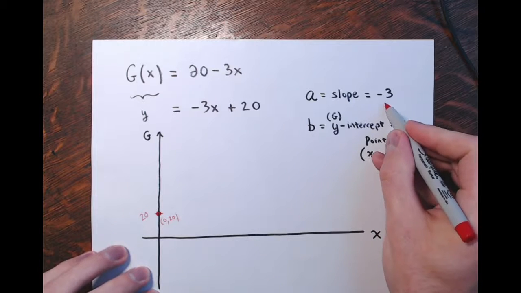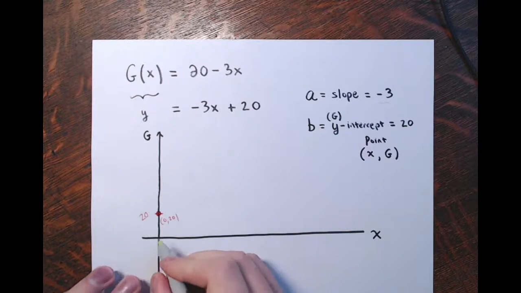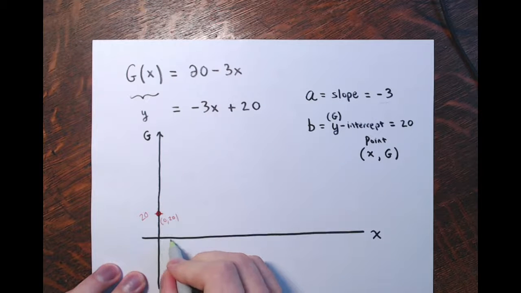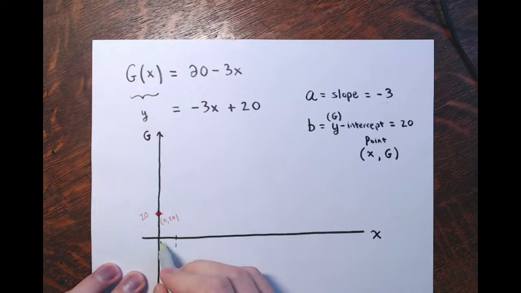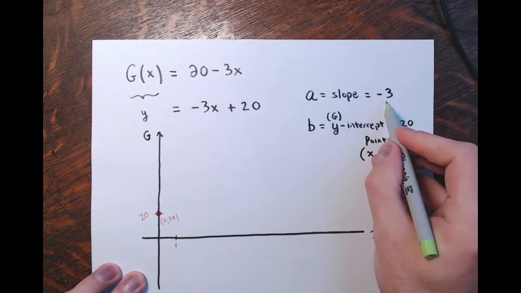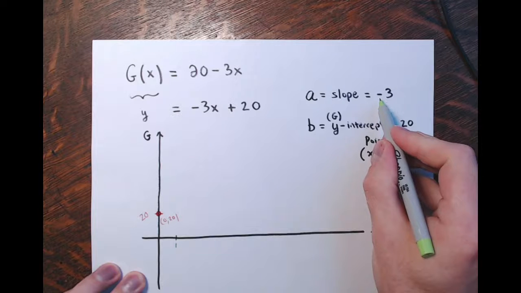Then the slope being negative 3 means the following. It means if I increase x by 1 unit, again, this is a very, very rough sketch, this tells me that when I increase my input by 1 unit, the output has to go down 3 units.